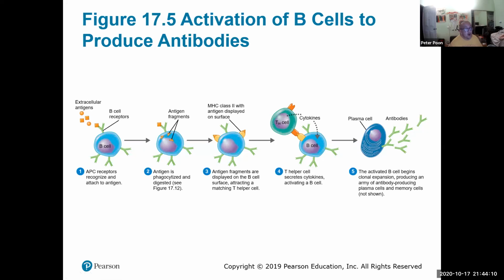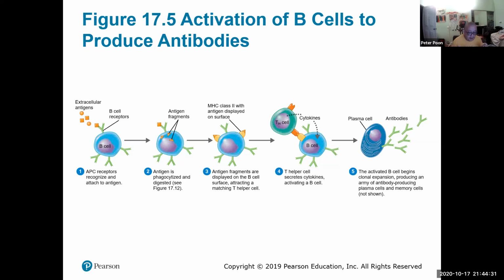So this B cell will start making thousands of copies of itself. That process is called clonal expansion.